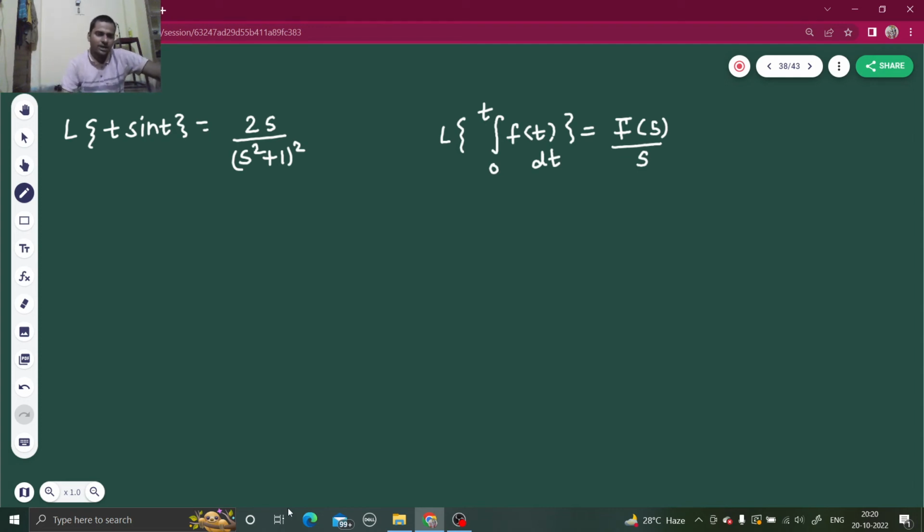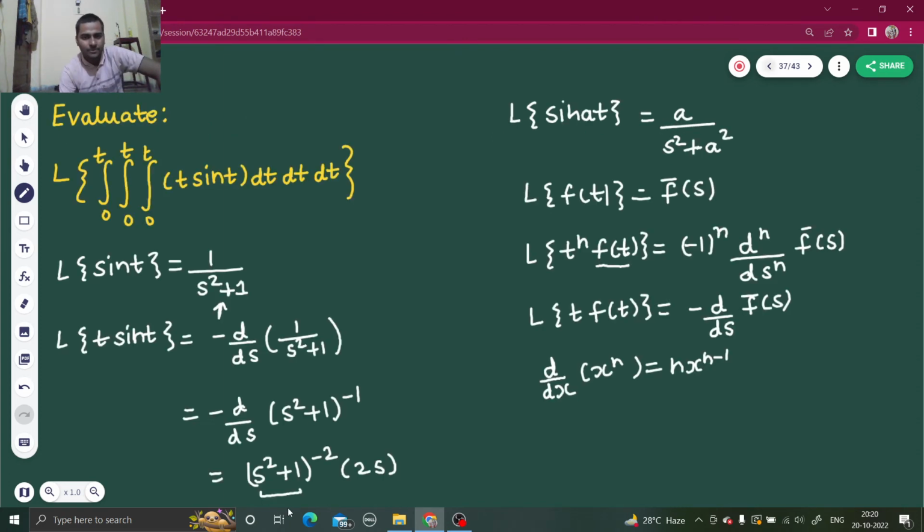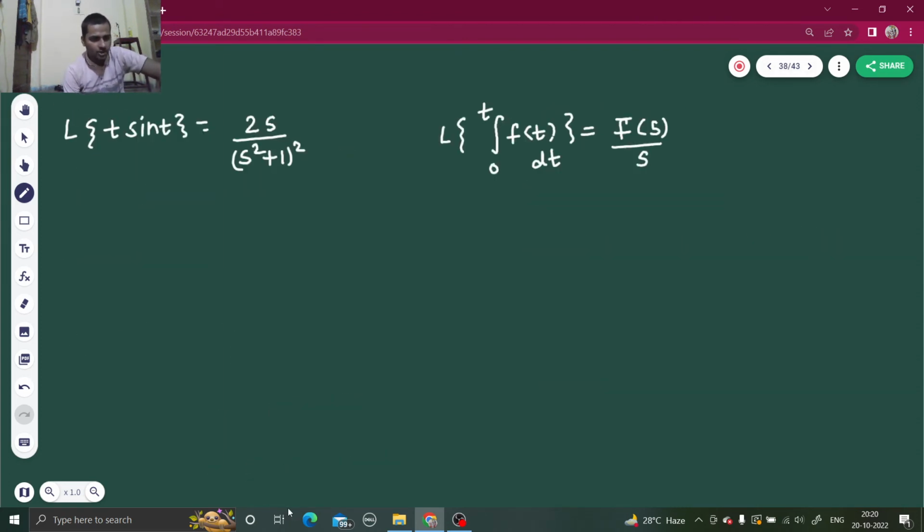Here, as you can see, we have to integrate thrice from 0 to t. So you take the Laplace transform of the integral once from 0 to t, twice from 0 to t, and thrice from 0 to t. So dt will also come thrice.